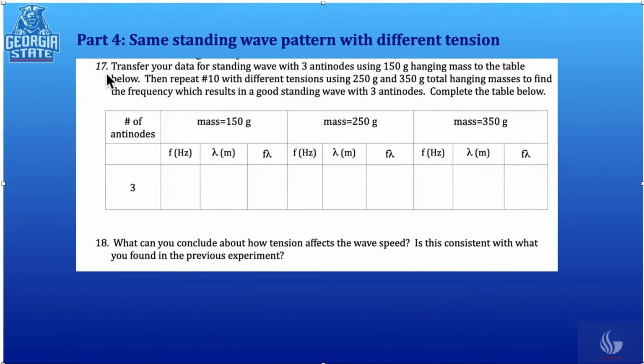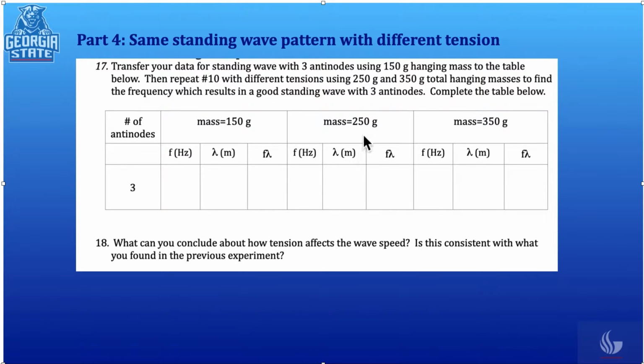In this case, you have to create 3 antinodes using 150 grams of mass and see at what frequency, with a mass of 150 grams, you get 3 antinodes. Measure the wavelength in this situation and then take the product of F into lambda.